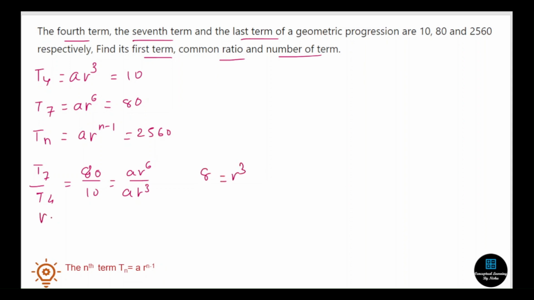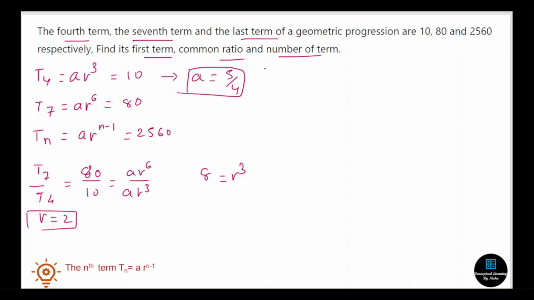So we can say that r equals to 2. On putting this in the first over here, we'll get A equals to how much? 10 over 8, which is 5 over 4, right? So we got the first term and the common ratio.